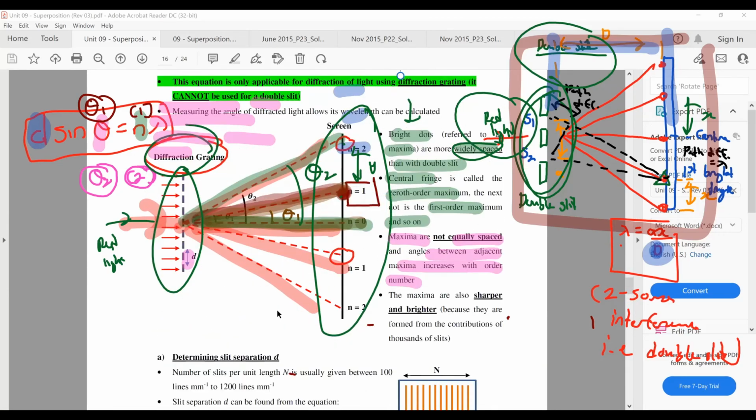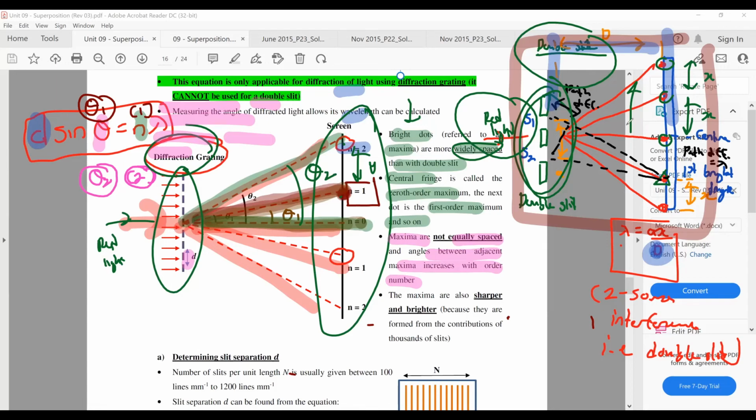Looking at the diagram on the right-hand side, if I go further away from the center line, this x and this x will always remain the same.